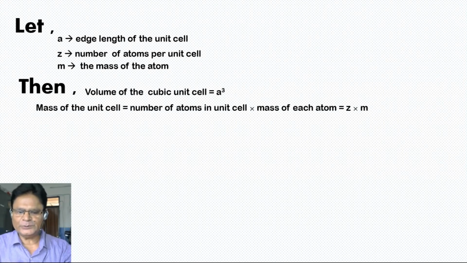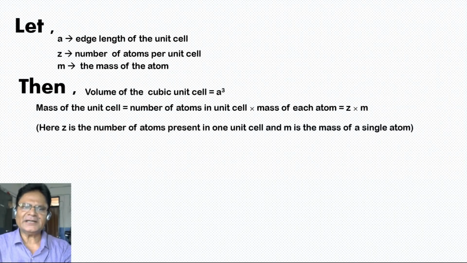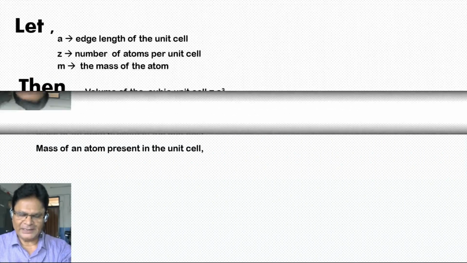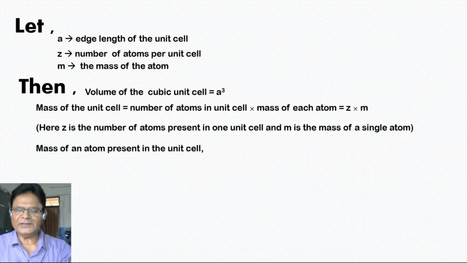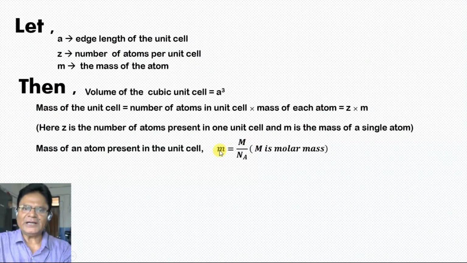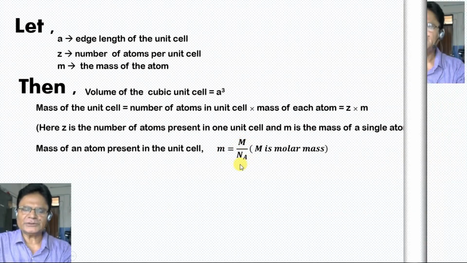Mathematically, it is equal to Z into small m, where small m is the mass of one atom and Z is the rank of the unit cell, that is the number of atoms present in one unit cell. Mass of an atom present in the unit cell can be calculated by dividing the molar mass of the element by Avogadro's number. So mass of the atom m is equal to molar mass divided by Avogadro's number.